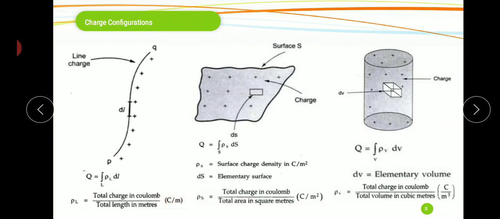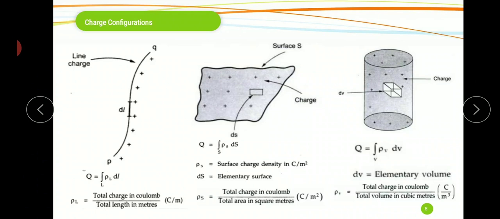So this is about the line charge. Simply, in the case of line charge we use the term line charge density, that is rho L, and the expression is q is equal to integral of rho L dl.